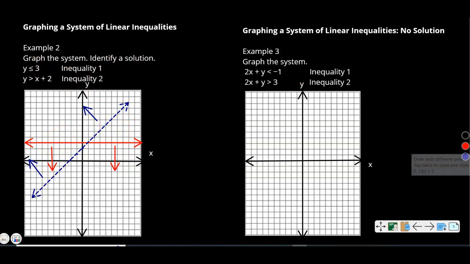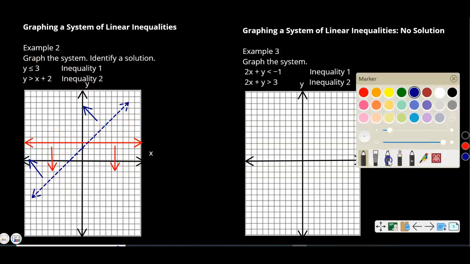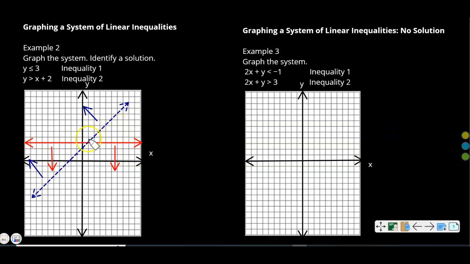The solution of the system is going to be the area that makes both inequalities true. So everything below the red line and above the blue line is going to be in our solution set. So it's going to be this area over here. And it's going to come right up to the blue line, but the points on the blue line are not part of the solution. The red line is solid, so the red line will be part of the solution.